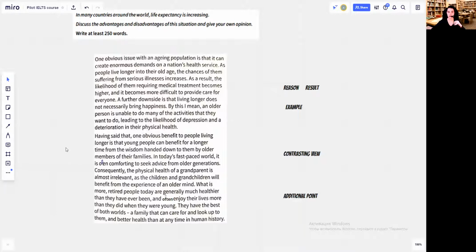Basically, where is the topic sentence in each paragraph? Where does the author develop it with a reason, with an example, with a contrasting view, possibly?